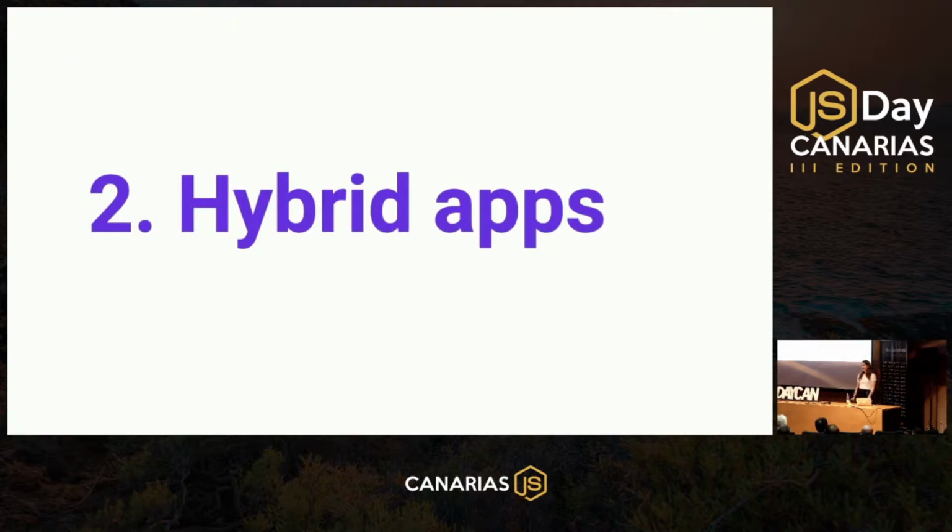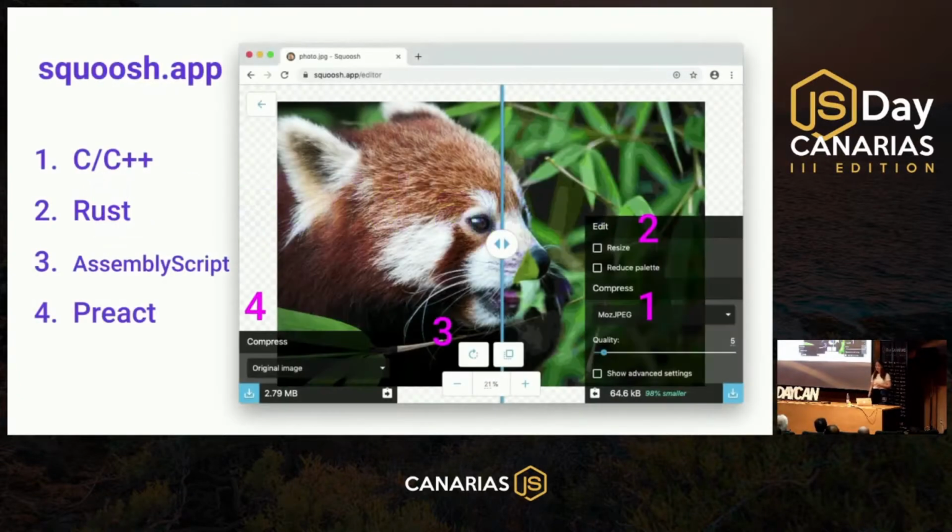And the use case that's probably the most interesting to JavaScript developers here is writing hybrid apps, where only parts are in WebAssembly. Squoosh is an app from the Google team that deals with compressing images. So it supports several compression algorithms like MozJPEG or WebP. Now, all of these algorithms have been written in different languages, mostly in C++ and compiled to WebAssembly.